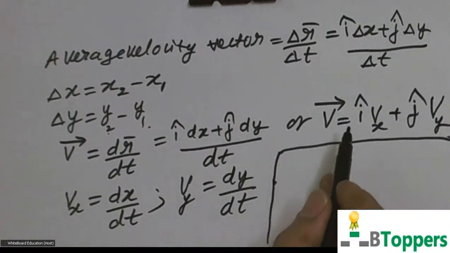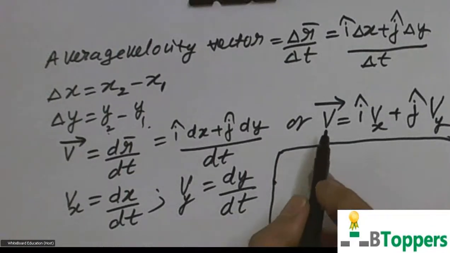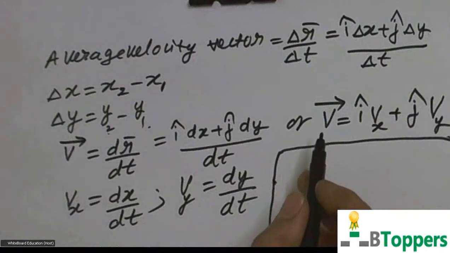So in general, a particle is said to be moving with constant velocity if the particle undergoes equal displacements in successive equal intervals of time, however small the time intervals may be.